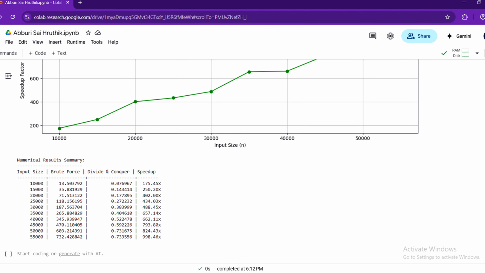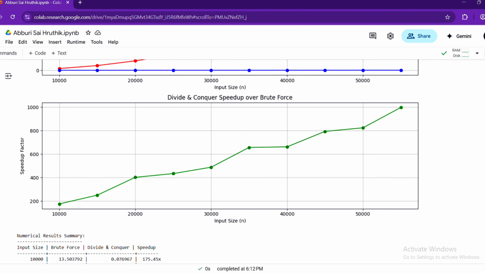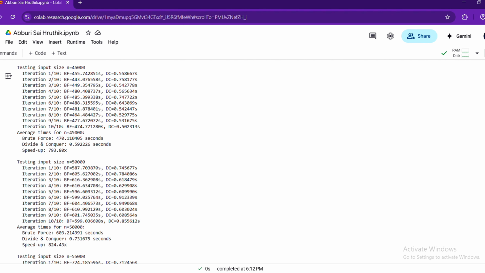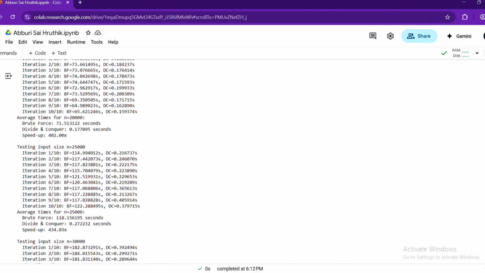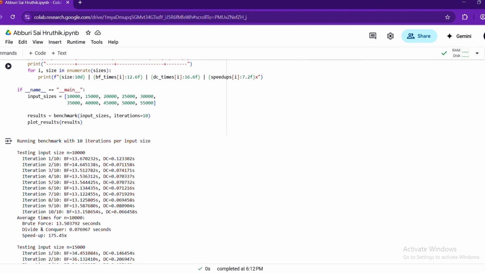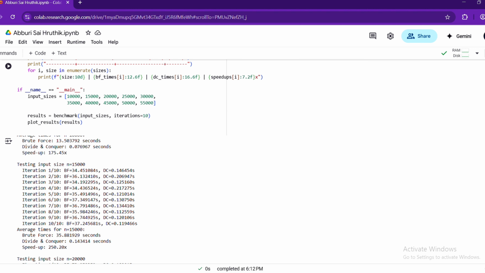And the output I've got is here. We have also gotten graphs for speed and inputs as well. Here are the iterations which we have performed to check the average runtime and the individual algorithm time for each n value and each iteration.